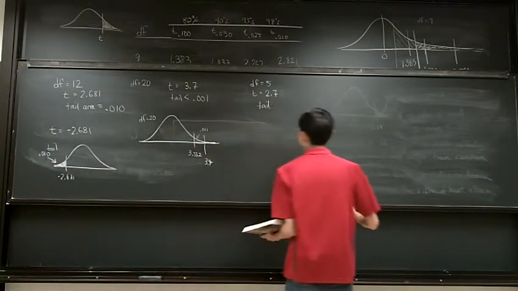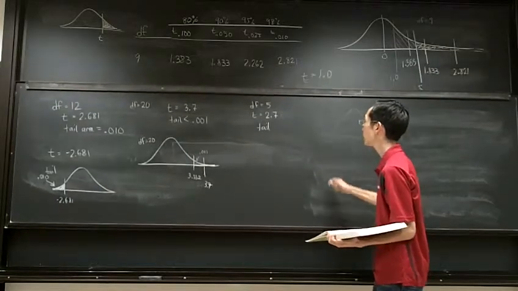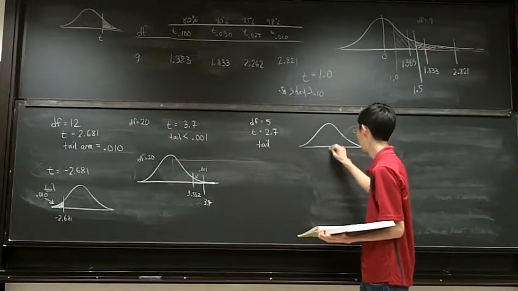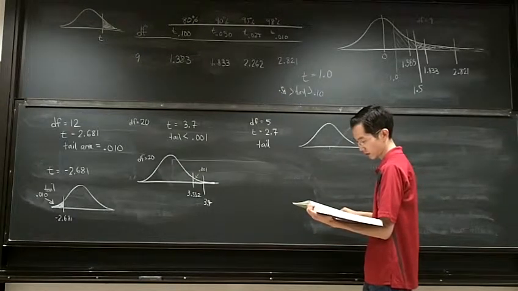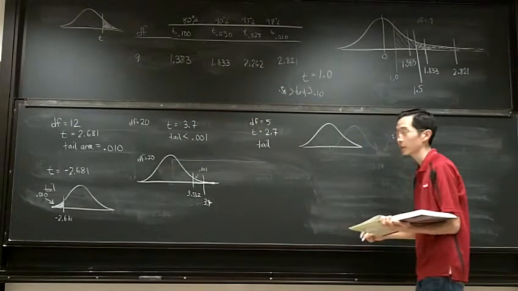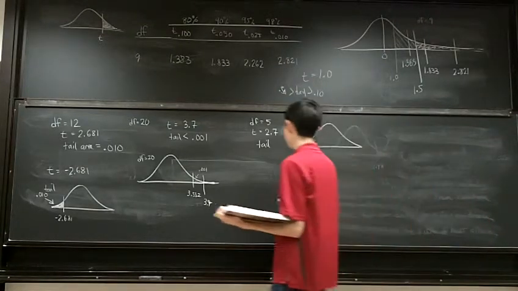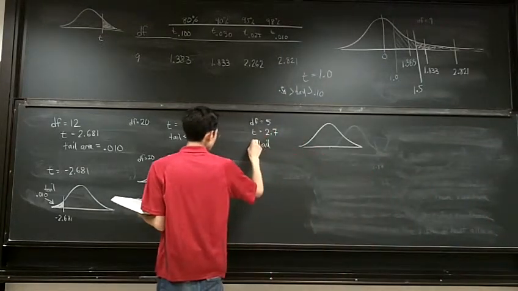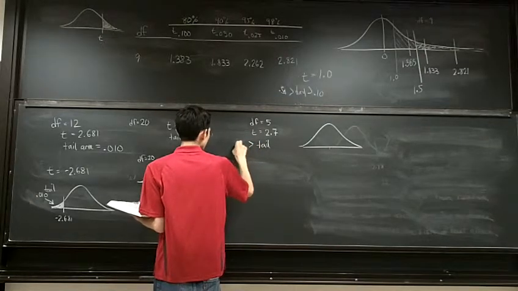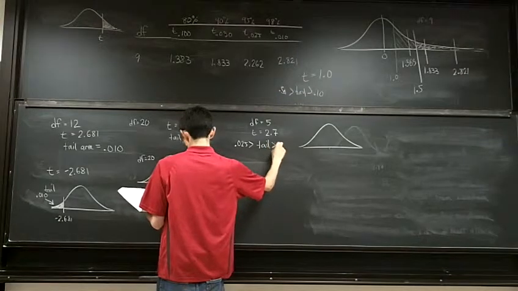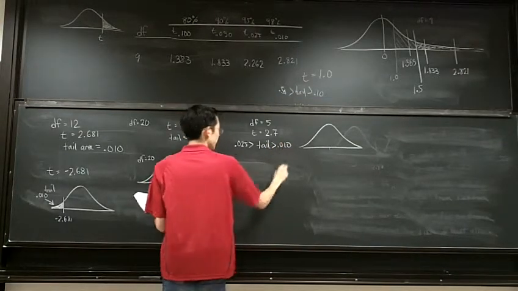So lastly, we have degrees of freedom equal to 5, and my T is 2.7. How much is in my tail? My tail is going to be less than 0.025, but more than 0.010.